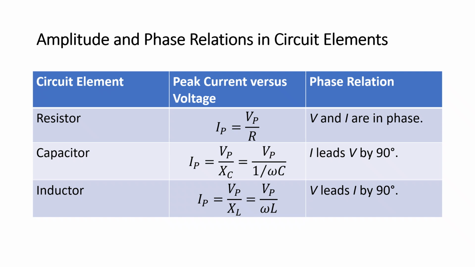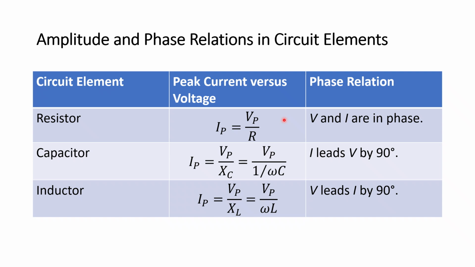So let's review. You think about the different equations that we've seen and the different charts showing with a resistor, capacitor, and inductor how voltage and current compared with each other. So this is the amplitude and phase relations in circuit elements. With alternating current, if you have a resistor, then peak current is, this is the simplest one, just peak voltage divided by resistance, and they're completely in phase with each other.